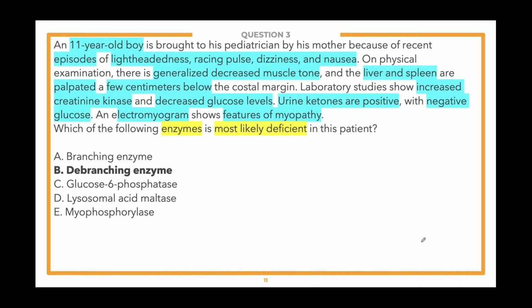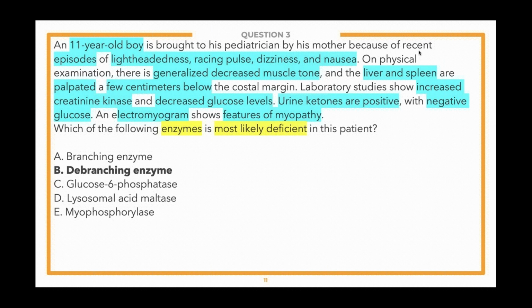Now, Cori's disease results from mutations in the gene that encodes the debranching enzyme. What happens in this issue is you have an inability to break glucose from glycogen. So these glycogen-like molecules accumulate in the cells of the liver, the spleen, especially the liver, and that's how you get hepatomegaly.